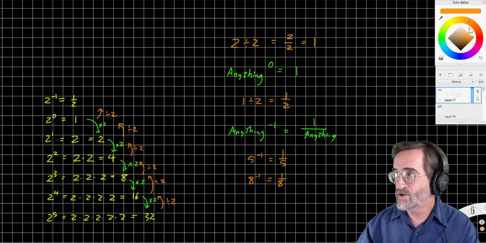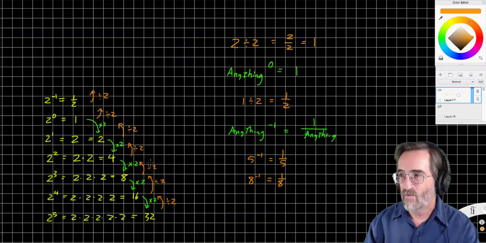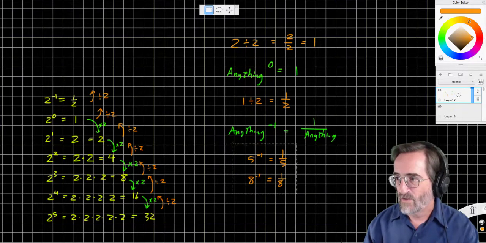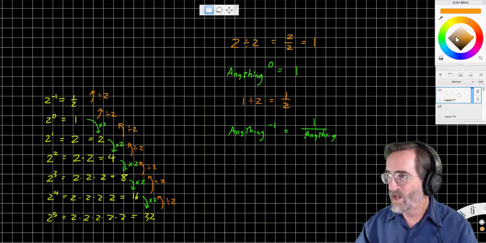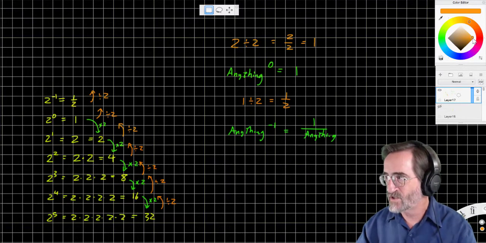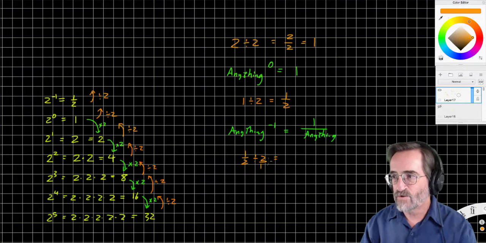Now let's continue it on a little bit more. So we want to take 1/2 and divide by 2 again. Let me make a little room here. I'm going to take 1/2 and divide by 2. You have to remember your fraction division a little bit. To divide means to turn it into a fraction, take the reciprocal and multiply.